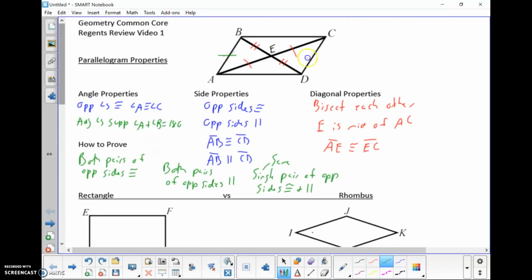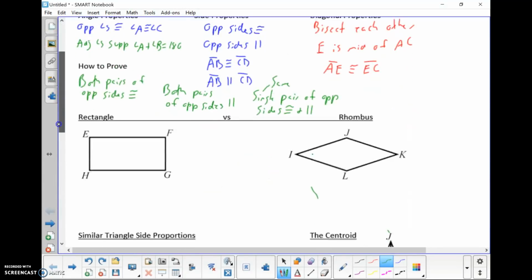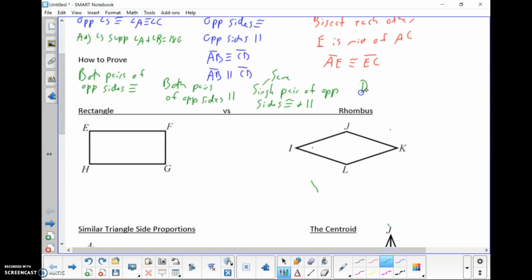So if I'm saying these are congruent, they are also parallel. That proves a parallelogram. So I don't have to do anything with the other pair of opposite sides. But what does not work is saying these are congruent and these are parallel. That does not prove a parallelogram. So if you're doing congruent and parallel, it's got to be the same pair of opposite sides. And then the last one is if you prove that the diagonals bisect each other.